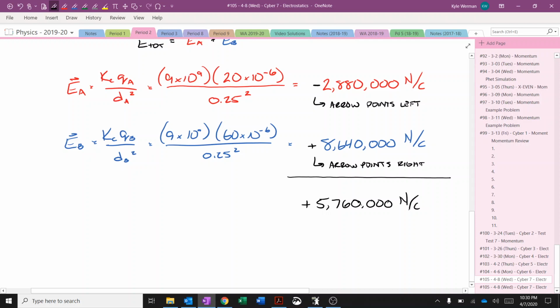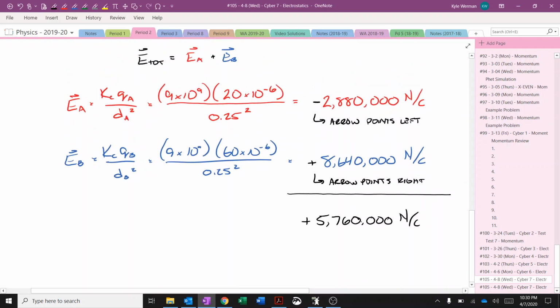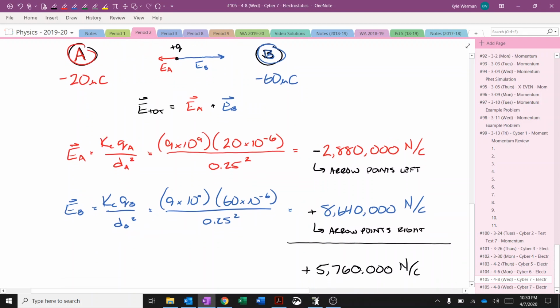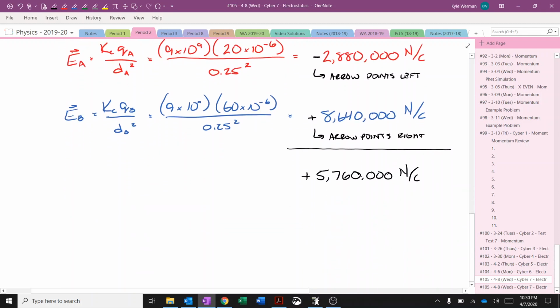However, that's not really good enough in my answer. You need to be more specific because, yeah, you drew it, so I kind of know what you mean, but just saying, oh, it's positive, it's to the right. Positive doesn't really mean right in this case. We have to define that total field, we have to interpret what positive means. Well, the magnitude doesn't change. It's 5,760,000 newtons per coulomb. But what does positive mean here?